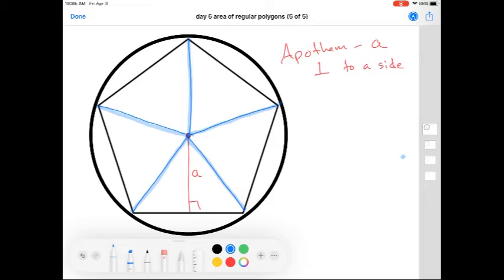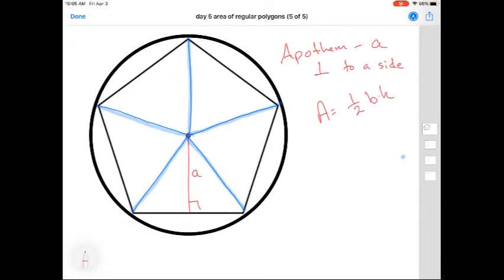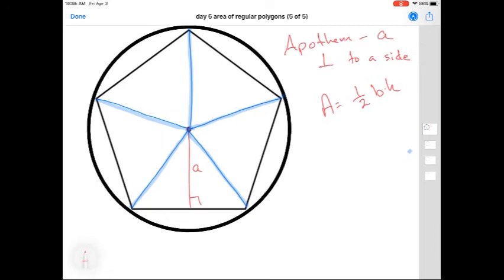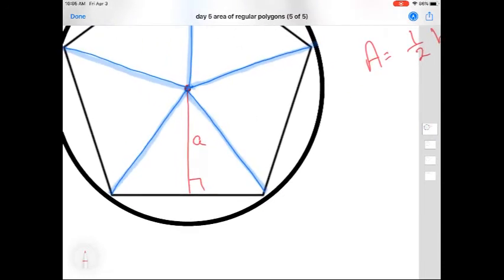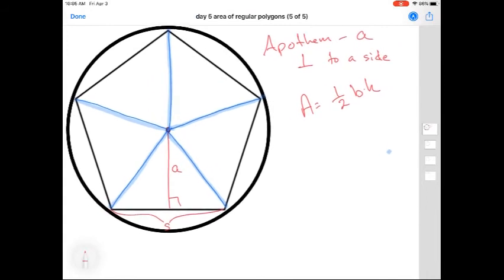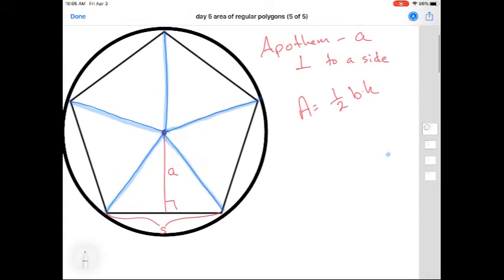Before we continue, remember the area of a triangle is 1/2 base times height. For our purposes, the base of my triangle is down here. Instead of calling it b for base, I'm going to call it s for side.